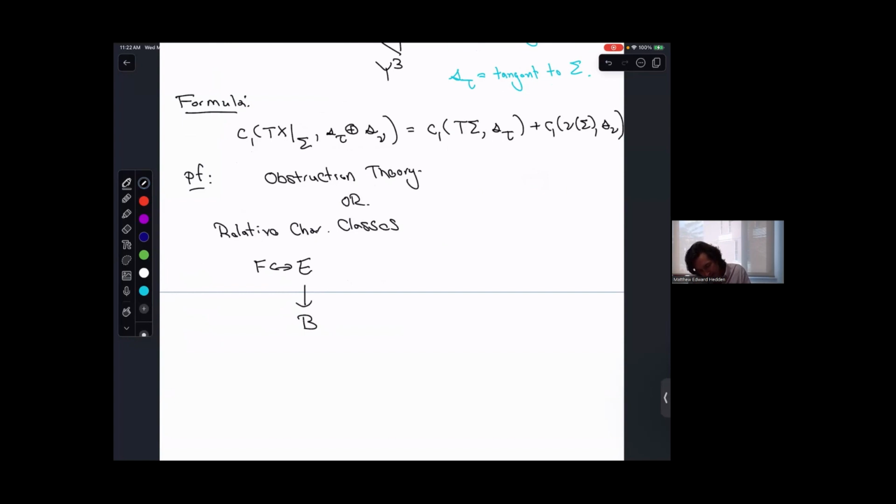and suppose I have sitting inside of that base some subspace, maybe, which I denote K, because in this case, K is the boundary of our surface, which I'm thinking of as a knot in a 3-manifold. And so, sitting inside of my total space, I then have the bundle restricted to K. And if you have, say, a trivialization of that bundle along the subspace, well, then you might hope to be able to define a relative characteristic class or collection of relative characteristic classes.